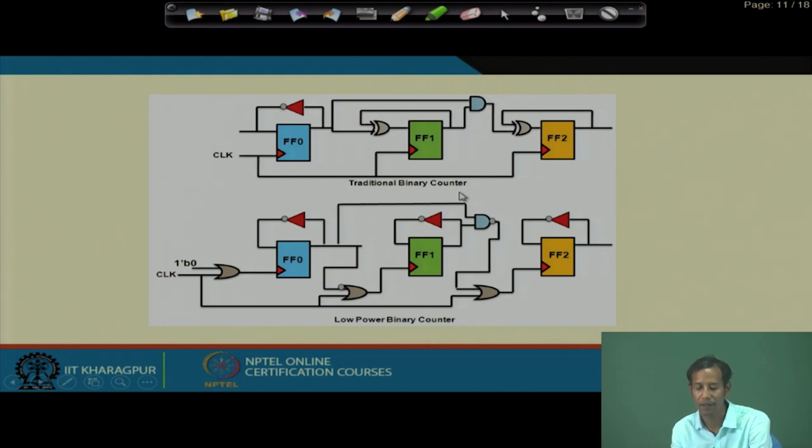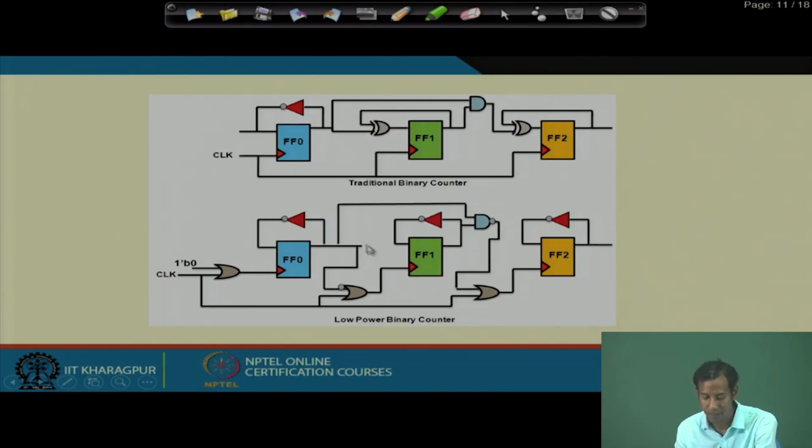This is the traditional binary counter, which we have already seen. Okay. The first is this T flip flop, then we have this XOR gate, then again it is ANDed. If I make this traditional binary counter into the low power mode, what will happen? All the clocks are now gated and these will be the corresponding enable signals to the clock.